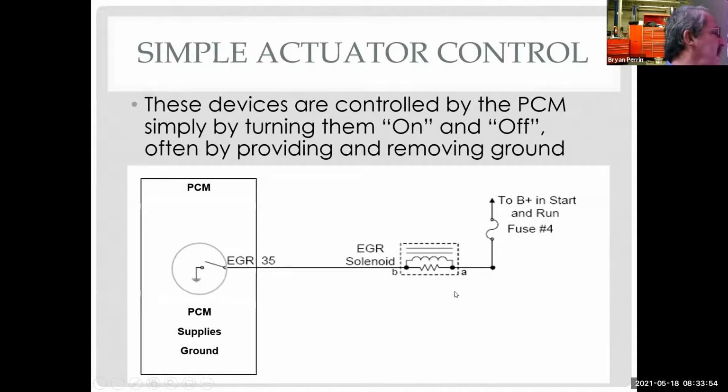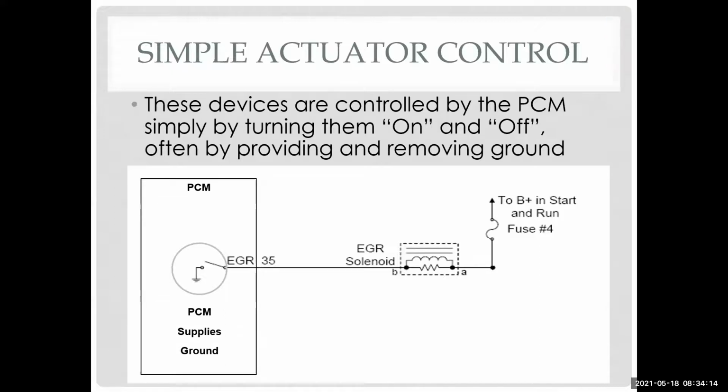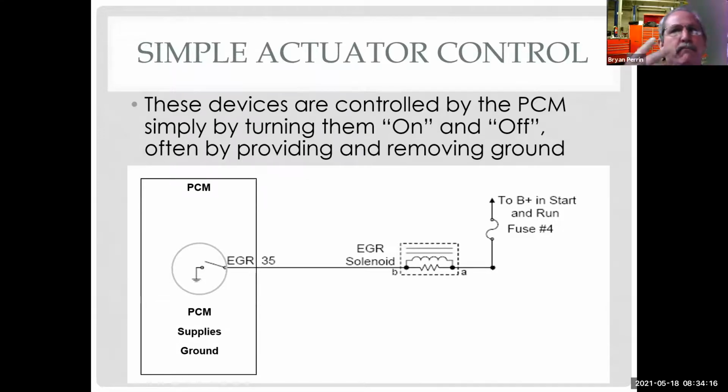So if I took a meter and went from pin A to pin B, I would see 0 volts until the computer turns on the solenoid. Then I'd see 12 volts, wouldn't I? Okay, yeah. Right. And if I see 12 volts, but the little solenoid doesn't go click or doesn't do anything, is it safe to say the solenoid's bad at that point? Yes. So you see, we're kind of walking through the process.